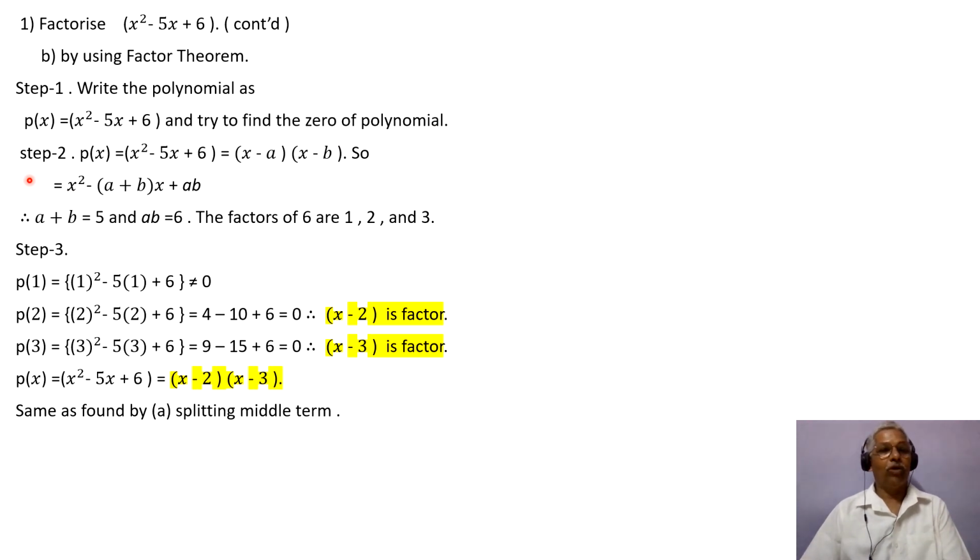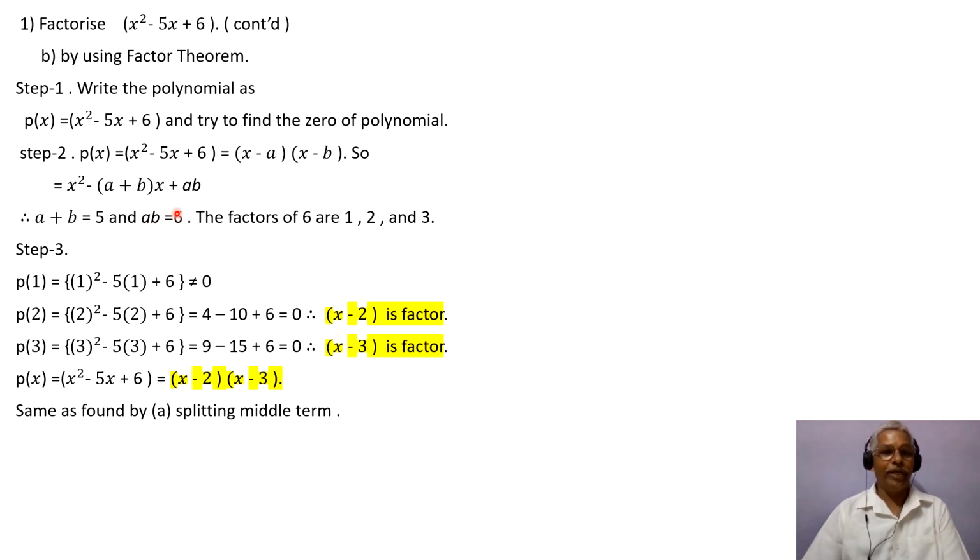Now step 2: p(x) is written as x minus a into x minus b. If you compare, this is x square minus (a plus b)x plus a into b. In this, if you compare, a plus b is 5 and ab is 6. This is very important.